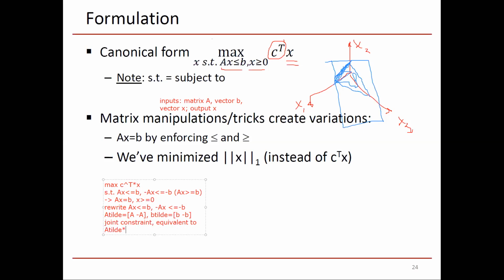A tilde times X is less than or equal to B tilde. So we now have a variation that gives us a subject to equality instead of this inequality, and we achieve that by using this A tilde and B tilde construction.